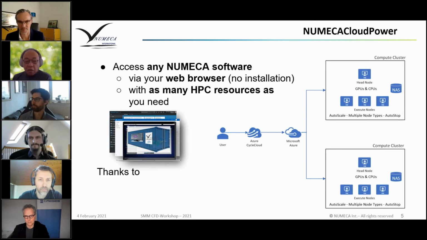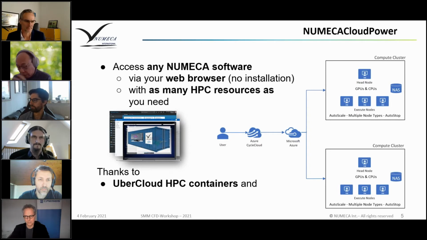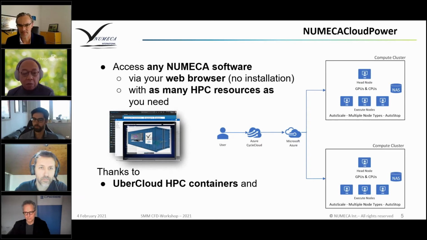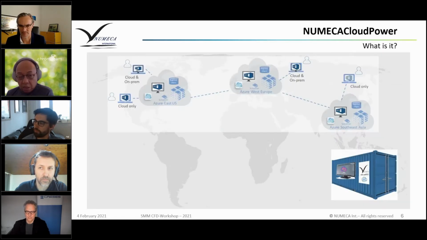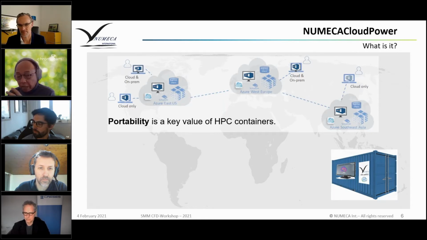And for this, we partner with Azure Cloud HPC containers, the ones that create an easy way to use high performance computing on cloud, and our partner Microsoft Azure elastic high performance computing platform. This container is a portable tool, and it can be moved from your own on-premise installation.